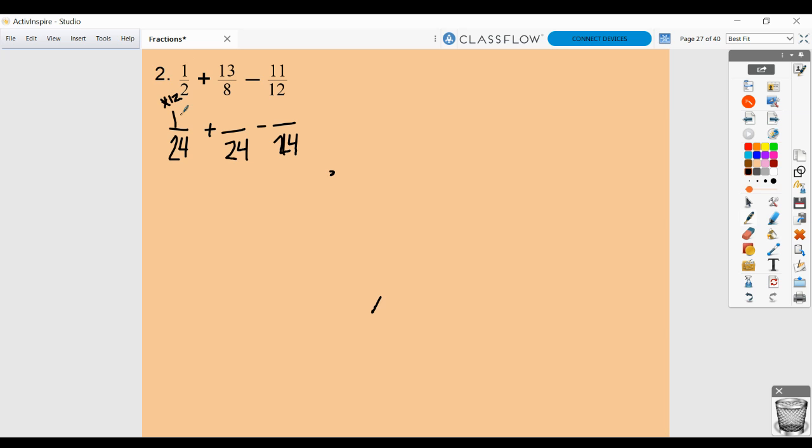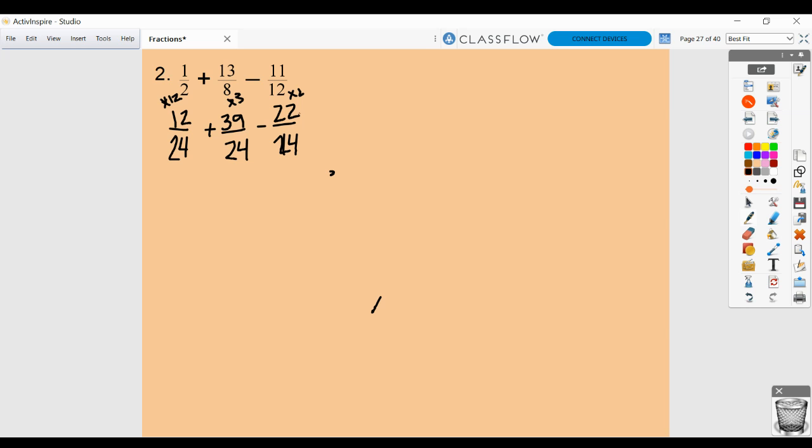So 1 times 12 would be 12. 8 to 24, you multiply by 3. So 13 times 3 would be 39. 12 to 24, you multiply by 2. So 11 times 2 is 22.